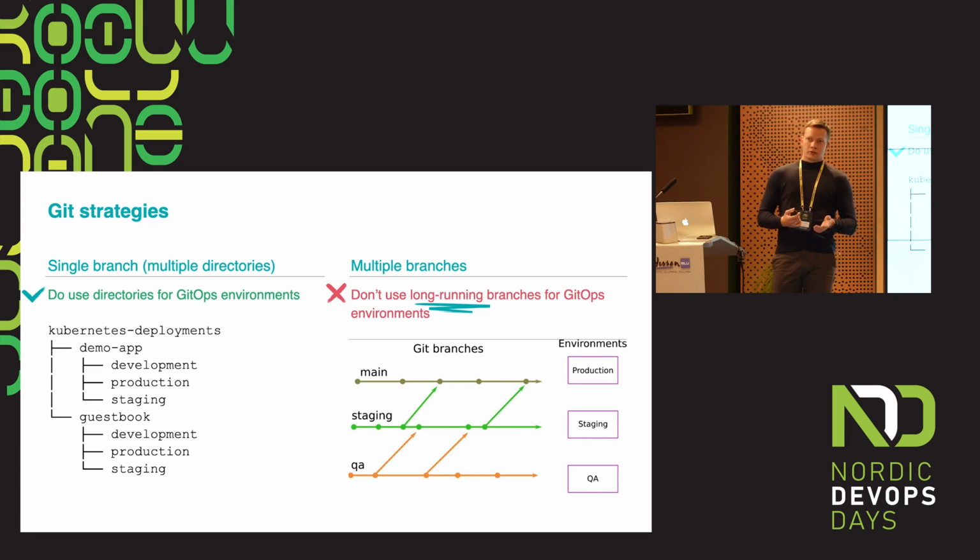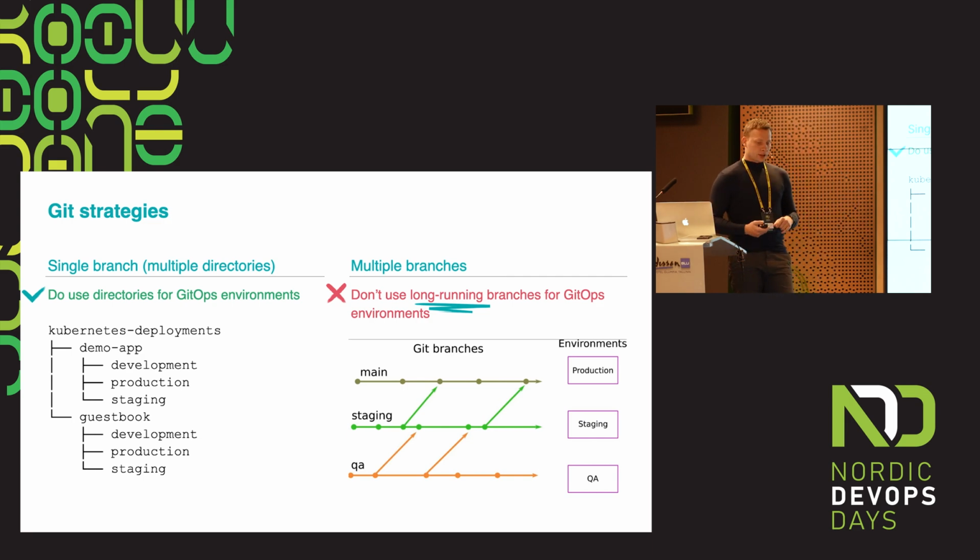While when you have long-running branches and you want to promote your application to another environment, you might end up in, let's say, maintenance chaos, right? So that's really not a recommended way of doing GitOps.